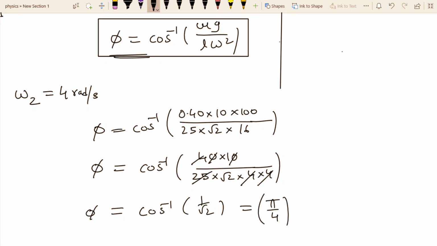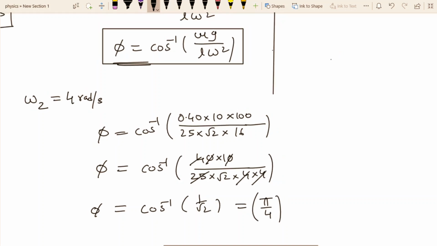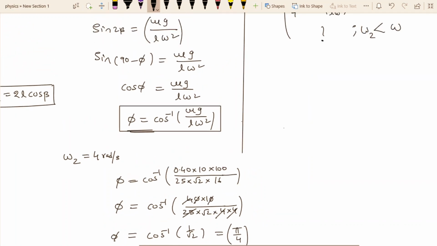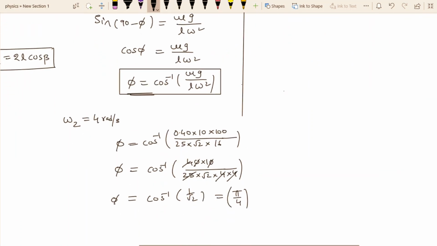So here, what is the result that we got? The result that we got is a very important result.